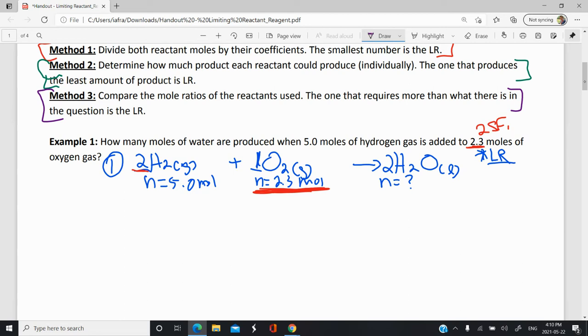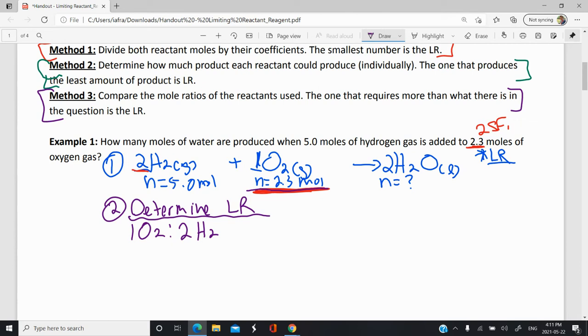So step 2, determine LR. We're going to choose O2, okay? So we have 2.3 moles of O2. So what I want to do is I want to find out how many moles of H2 should react with it. So I have 1 O2 for every 2 H2.